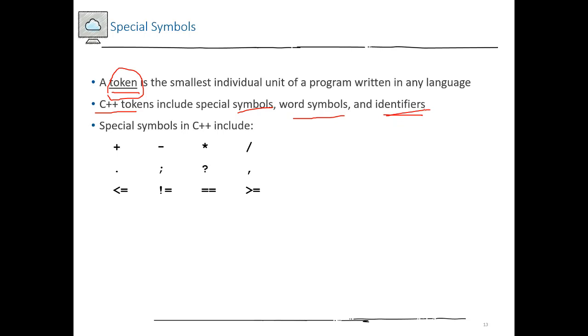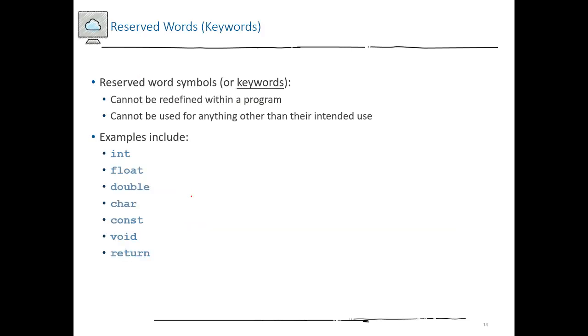So special symbols in C++, these are some of the special symbols in C++: plus, minus, star, forward slash, and so on and so forth. So these are the special symbols that C++ has. So C++ has reserved words just like any other language.